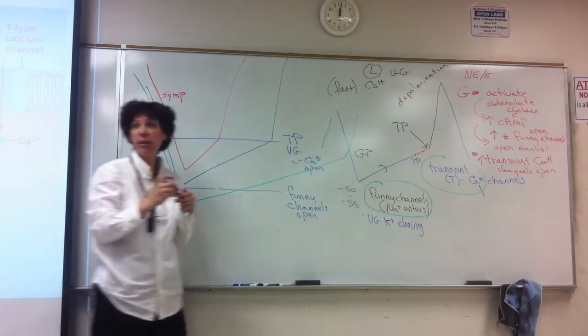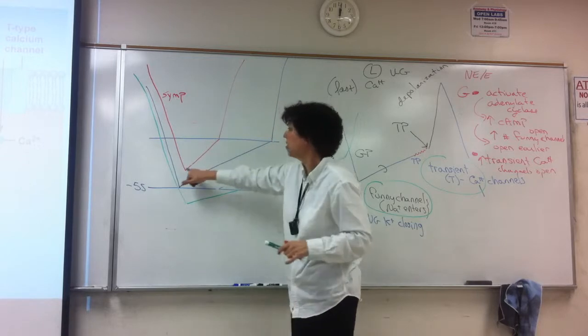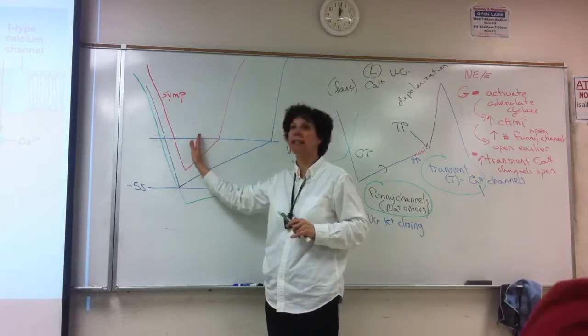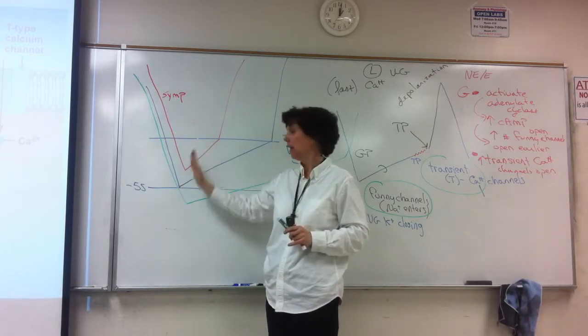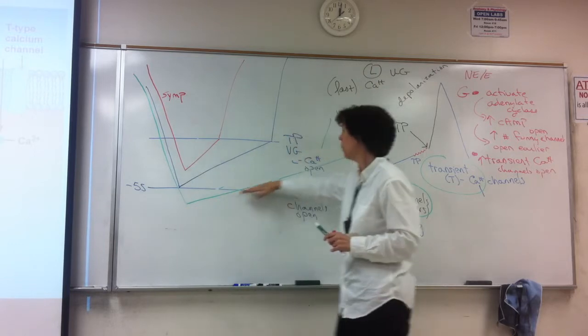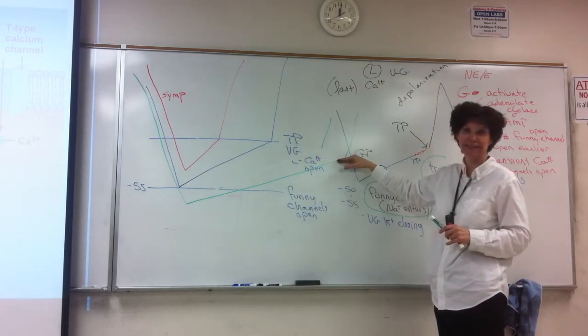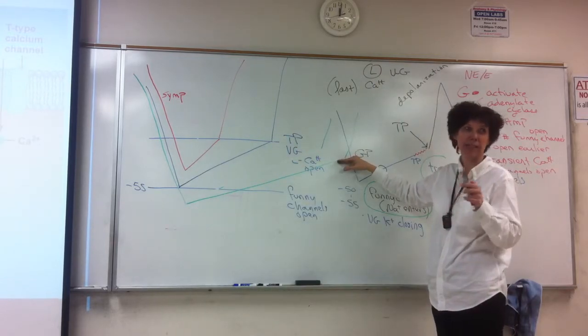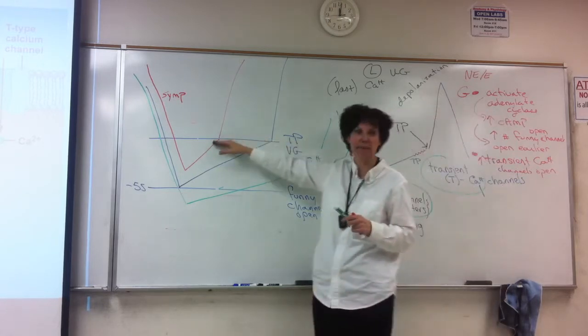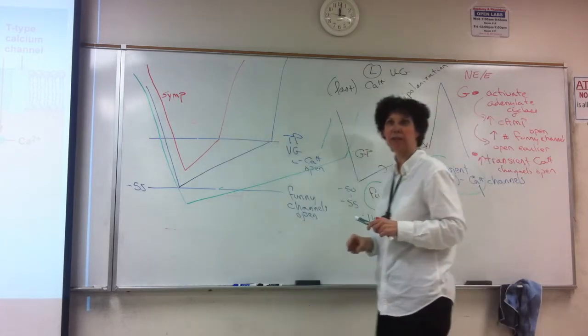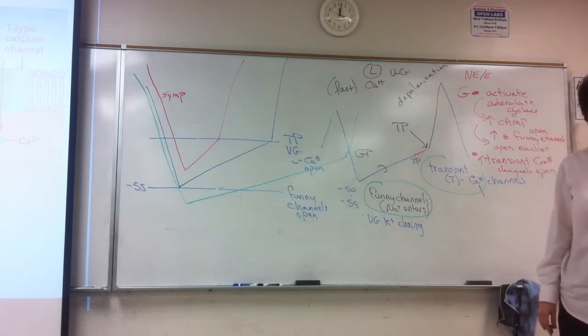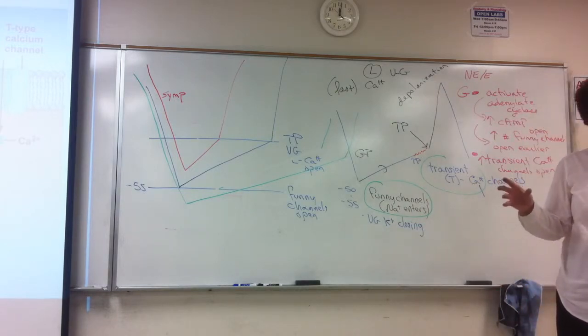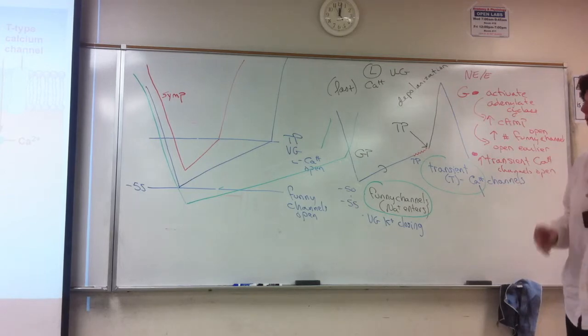So both of these things are happening: funny channels open earlier and more positive ions are added, versus funny channels opening later and more positive ions being lost. So between those two, it takes less time or more time to reach the threshold of the long-lasting calcium channels. Is that a little bit clearer? Okay, those two events are happening there.